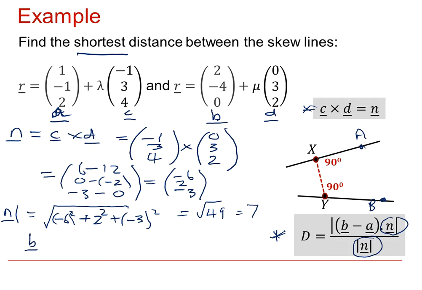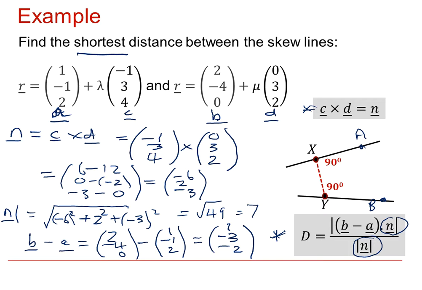Therefore b minus a will equal 2 minus 4, 0 minus minus 1, 2 minus 1, giving us (minus 2, 1, 1)... and we thus have this additional component that we need.